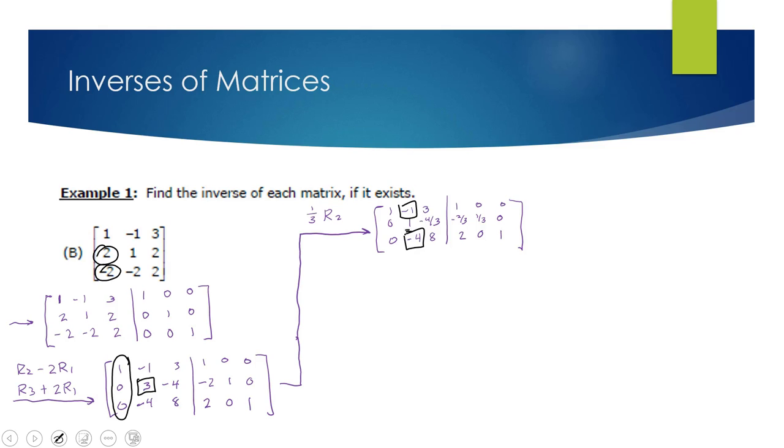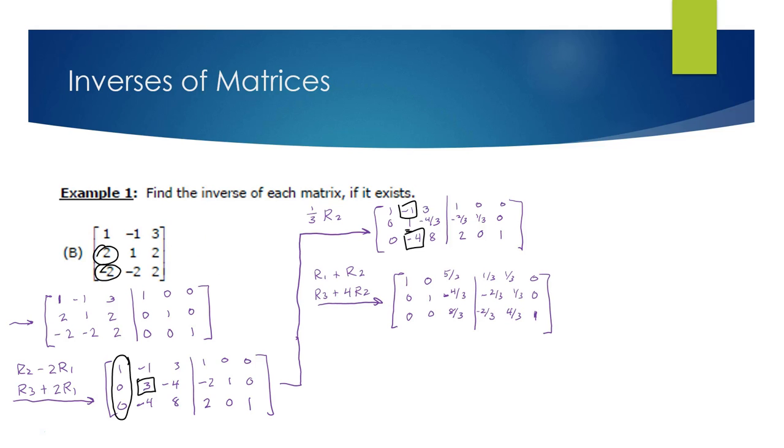If I take row 1 and add row 2 to it, the negative 1 becomes a 0. And likewise, for the negative 4, I'm going to add 4 times row 2 to row 3, and that should make that one a 0. So the row operations are row 1 plus row 2, and row 3 plus 4 times row 2, and that's the result I get.